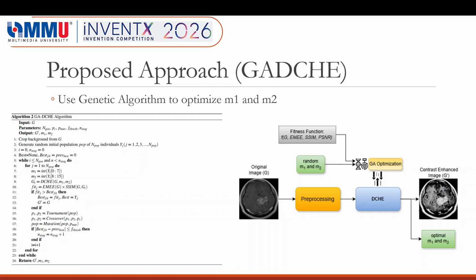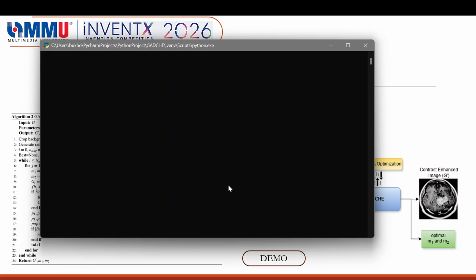The original image is passed through the pre-processing and then passed through the DCHE, where we implement GA optimization to find the best M1 and M2 based on a fitness function, which depends on both the contrast entropy, represented by this EME, and the image quality, represented by the SSIM and PSNR, with the hope that the output of this pipeline is going to be a better, higher-contrast image of the brain. And to show you how this works, here we provide a little demo using a simple GUI.